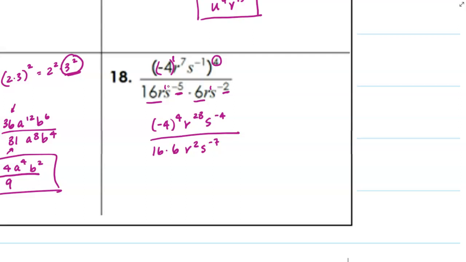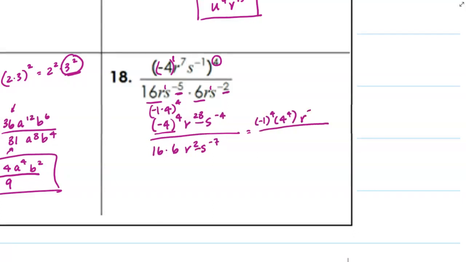Okay. And then, let's see. I'm going to take this number right here, and I'm going to take the -1 out, raise it to the 4th power, which just becomes positive, and then 4 to the 4th power. Notice what I did. I took the -1 out with the 4, and I raised both of these to the 4th power. And then we have R 28 and 2.